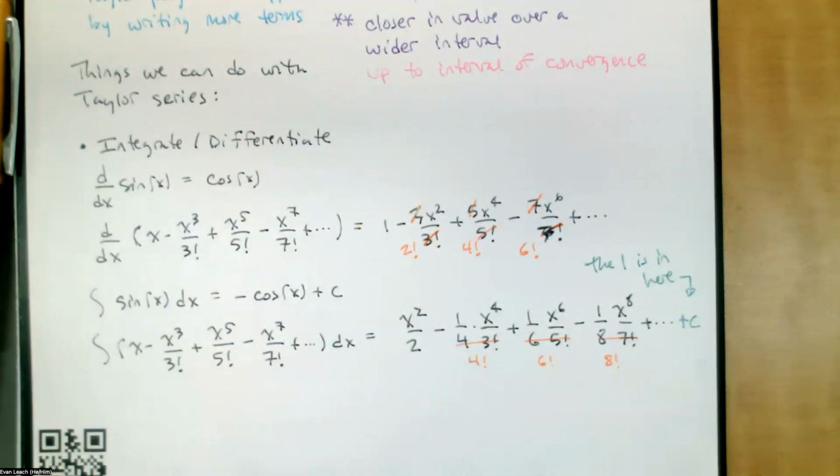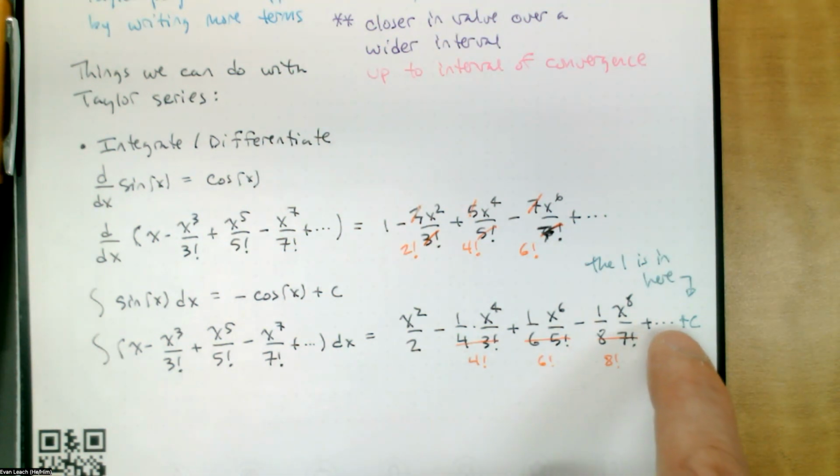And the signs are off, but that's expected because we should have negative cosine. So there's your 1, and instead of minus x squared over 2 factorial, we have plus x squared over 2 factorial.